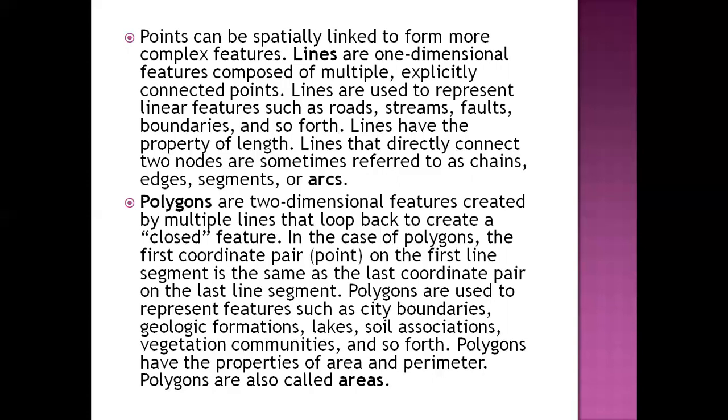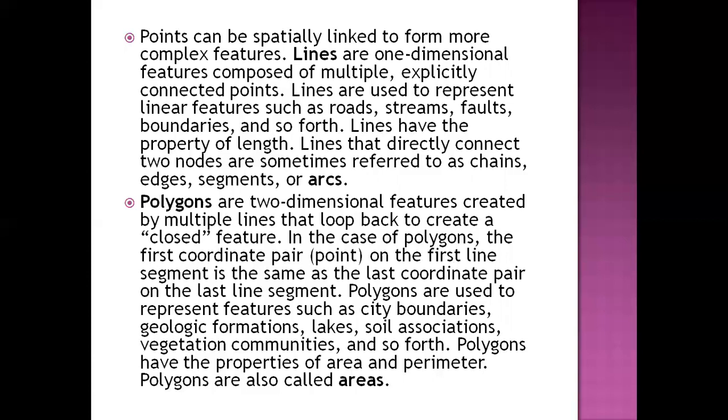Next and last one is the polygons. Polygons are two-dimensional features created by multiple lines that loop back to create a closed feature. In the case of polygons, the first coordinate pair on the first line segment is the same as the last coordinate pair on the last line segment.